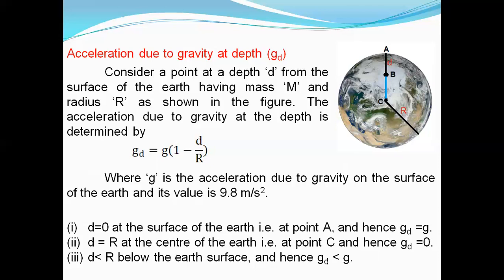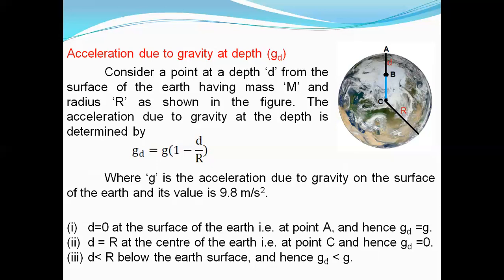You all are well aware that d is smaller than R, or R is greater than d. So if you calculate d by R, its value will be less than 1 in the third condition, when the object is in between A and C. That means that it is at point B, below the surface of the Earth.